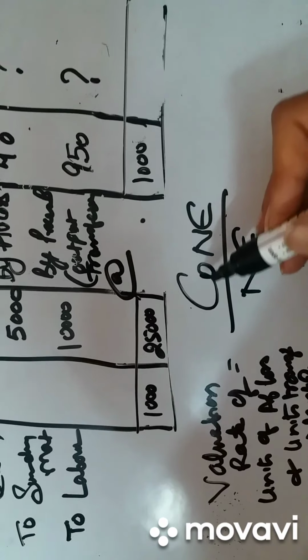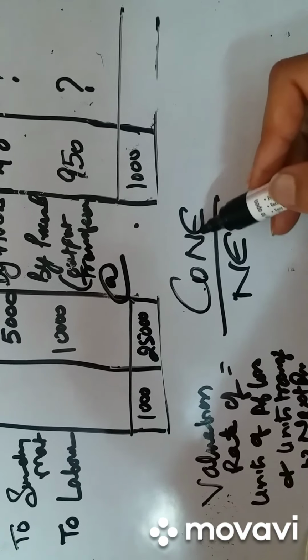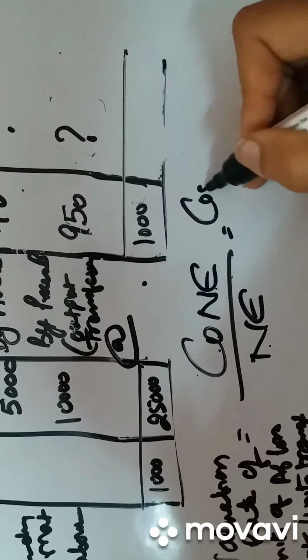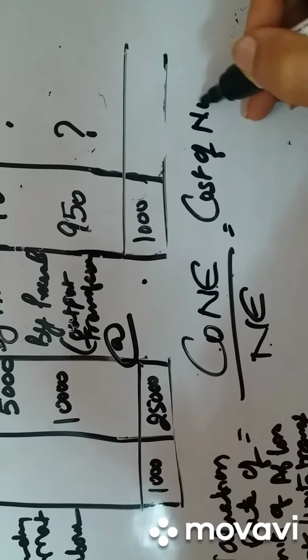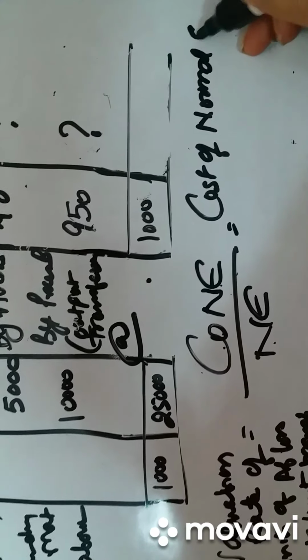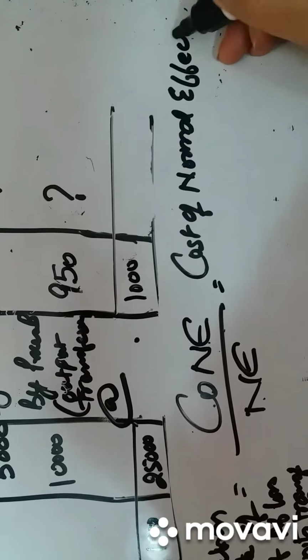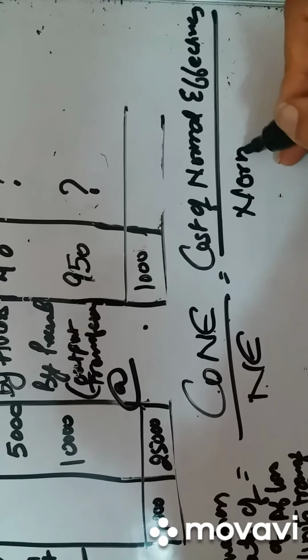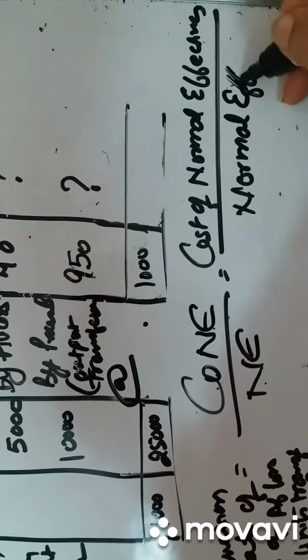The formula is cost of normal effectives divided by normal effectives.